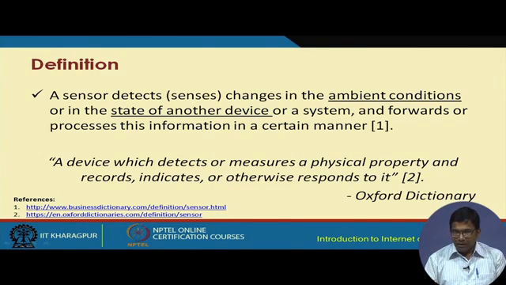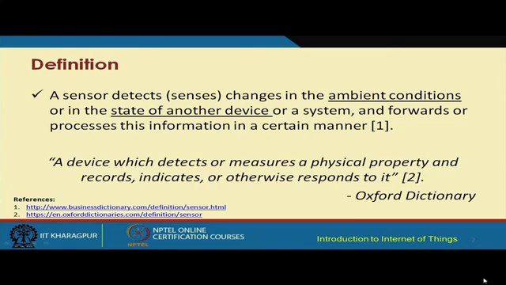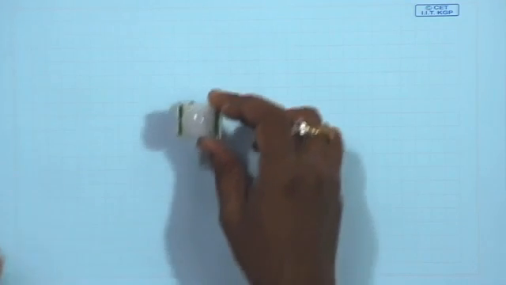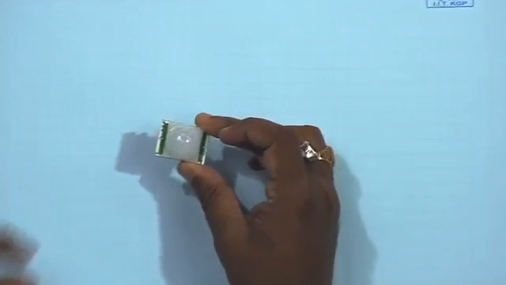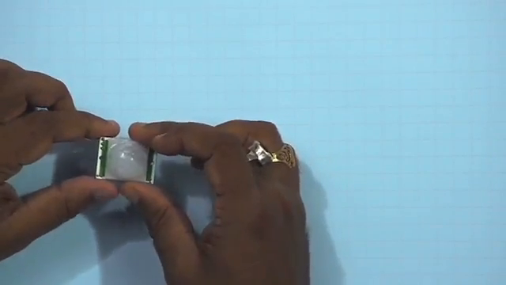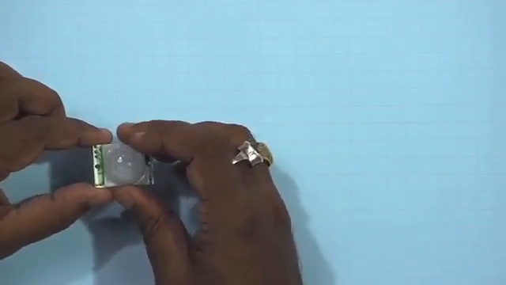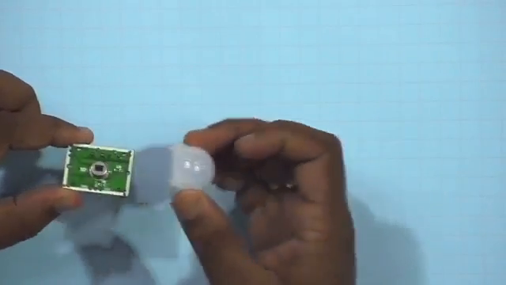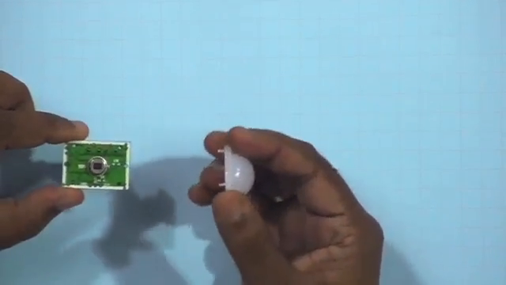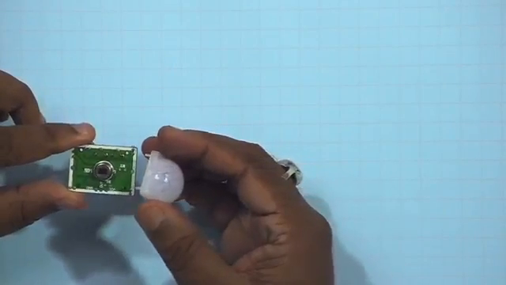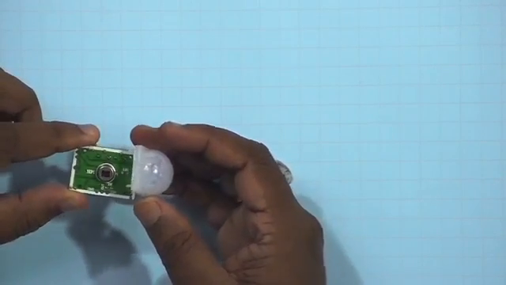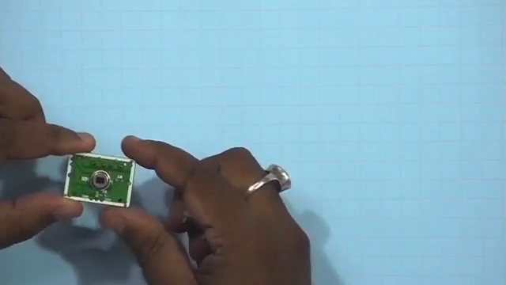Let me now show you some real sensors that we have. Here are a few real sensors. This is a sensor used for obstacle detection. This is a PIR sensor, a passive infrared sensor.